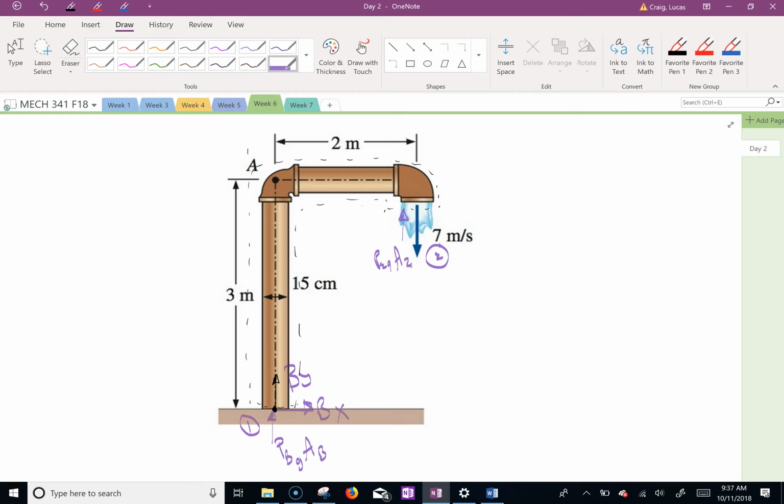So these are the reaction forces needed to hold it down. There would be a moment down here, which would be MB. And this is everything that you would need to do for problem one in your homework.